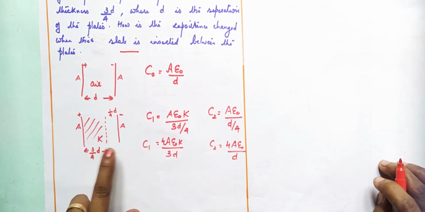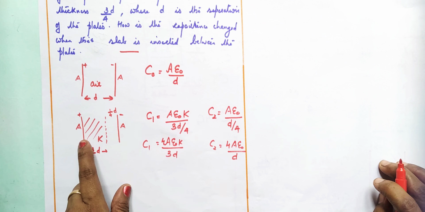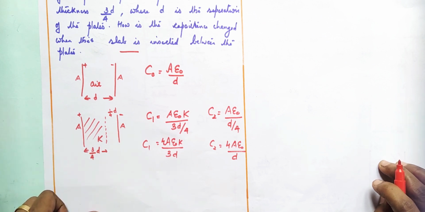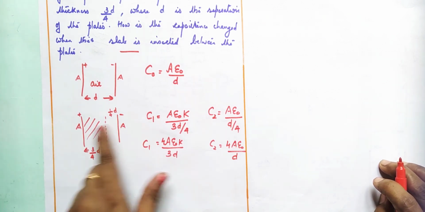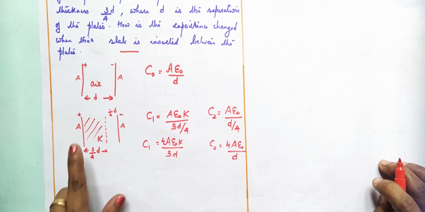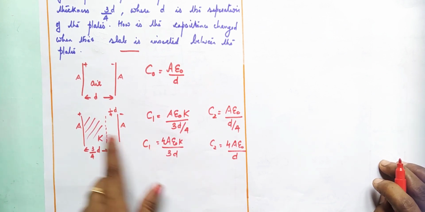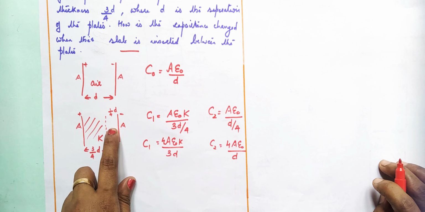Now we can say that this is C1, this one is C2. C1 and C2 are connected in series because the same charge is flowing. Okay, series connection. Charge remains constant. Therefore, this capacitor C1 and this second one C2 are connected in series.